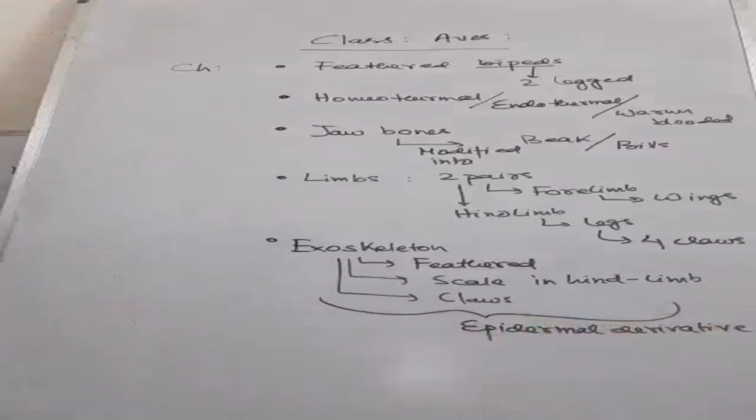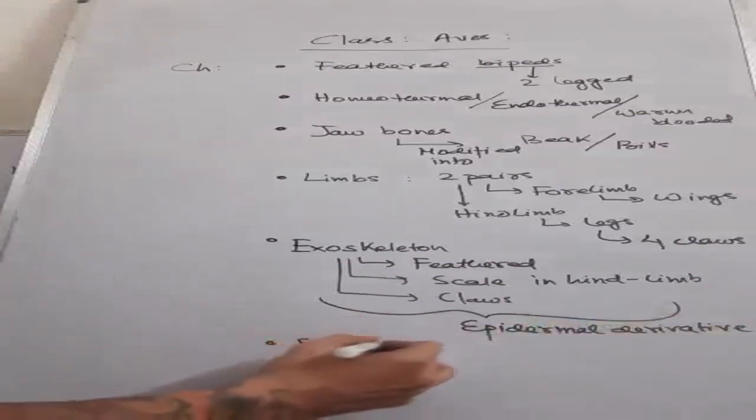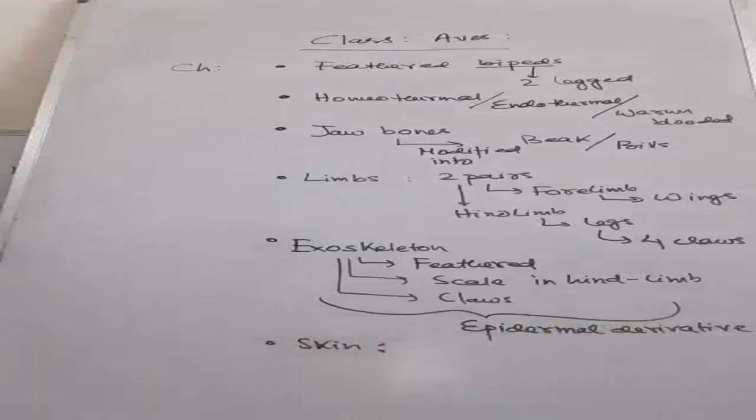Now we talk about the skin, another very interesting character present in birds. For skin, they are without any glands. But there is one gland present in their skin, the cutaneous gland.